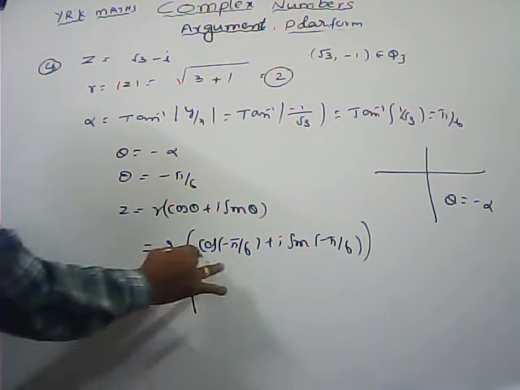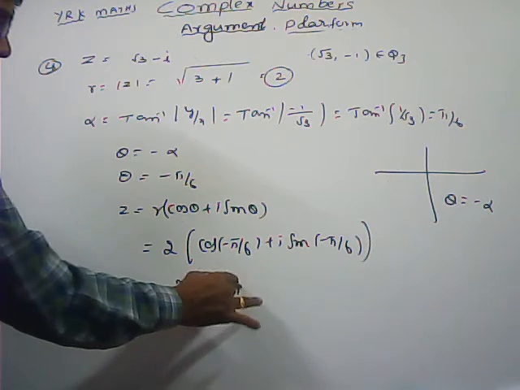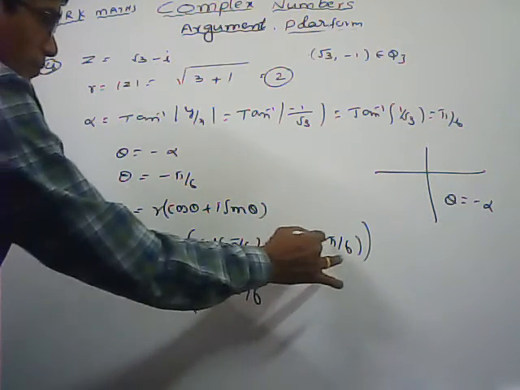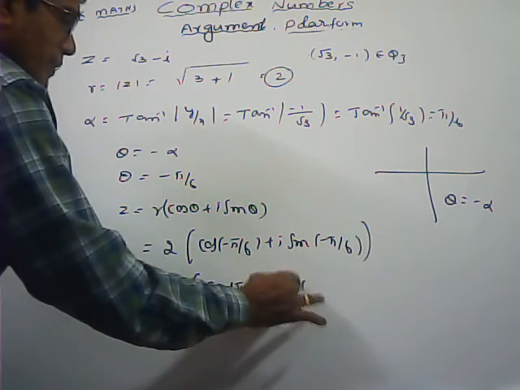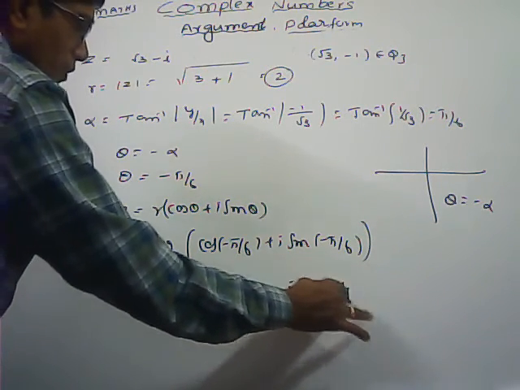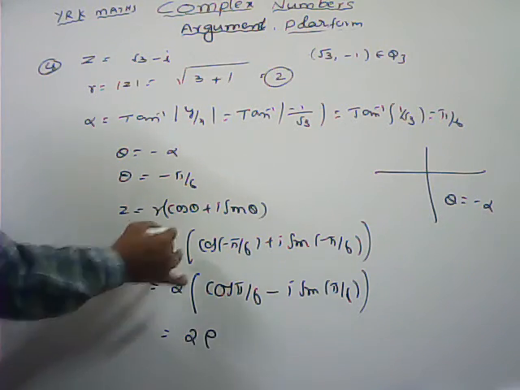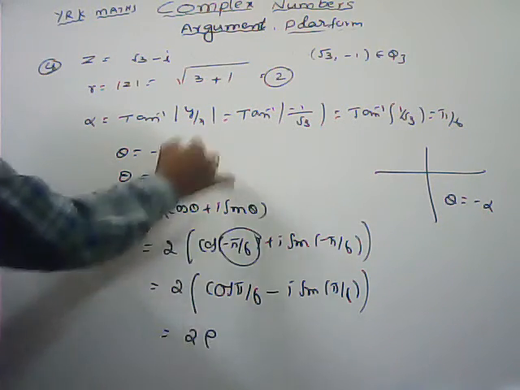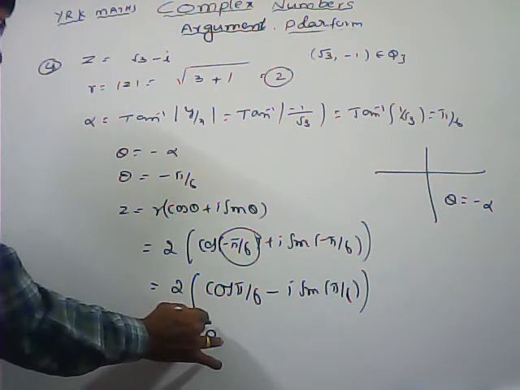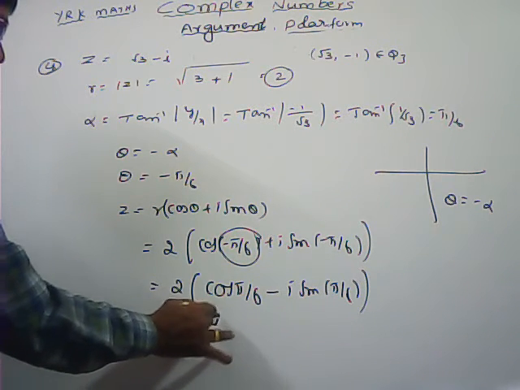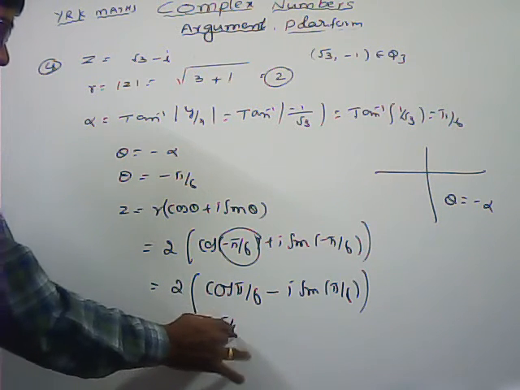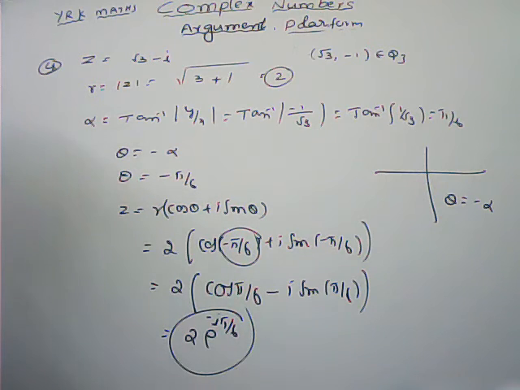Or 2 into cos of minus theta, that is cos theta only, sin of minus theta is minus sin theta, minus i sin of pi by 6. In the Euler form, 2 into e power, here what is the argument of this one? Minus pi by 6, e power i theta, theta value minus pi by 6. 2 into e power minus i pi by 6, that is the Euler form of the complex number.